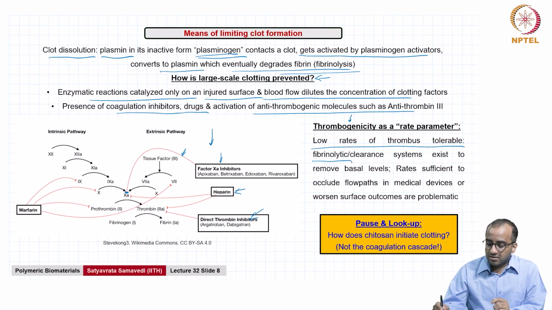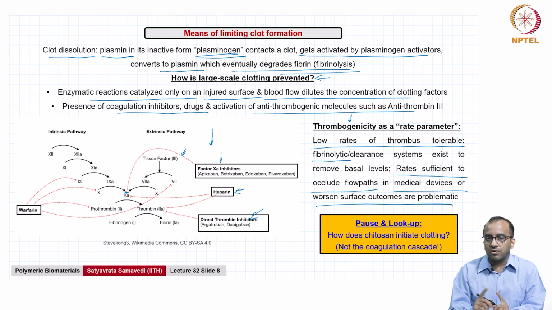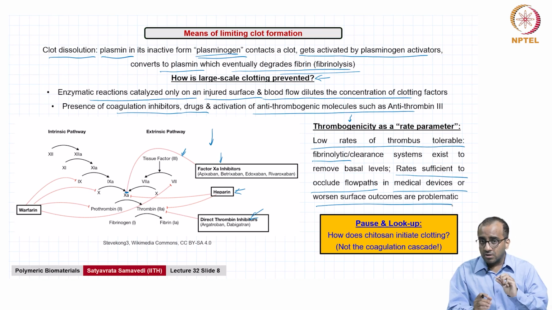But rates that are sufficient to occlude flow paths in medical devices or worsen surface outcomes are the ones that are problematic, right. So, thrombus formation per se is not problematic, but it becomes problematic when it can interfere with the surfaces of biomaterials, when it becomes very large, or when it can occlude or stop blood flow within blood vessels.